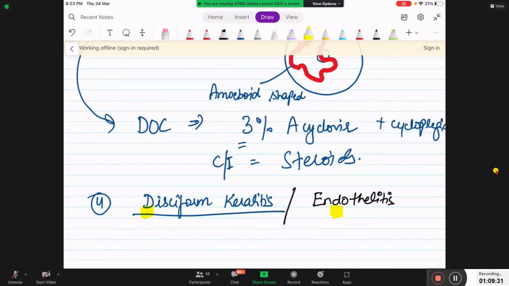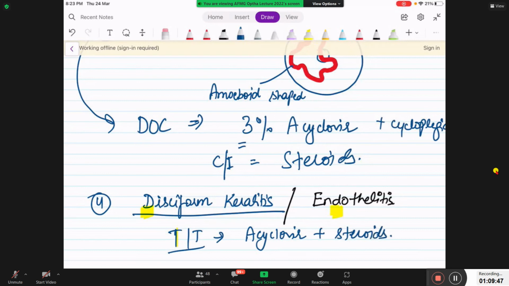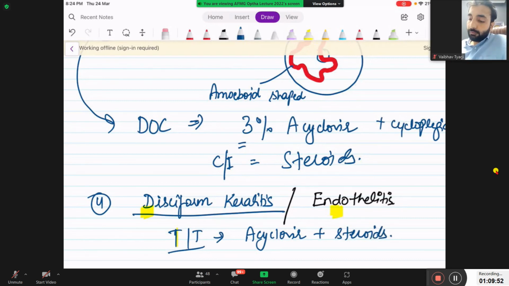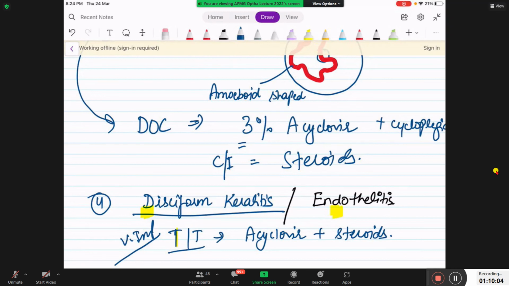So in such disciform keratitis or endothelitis, you have to give steroids. That is why this question becomes important for your exam, because we are giving steroids in this viral ulcer, disciform keratitis.